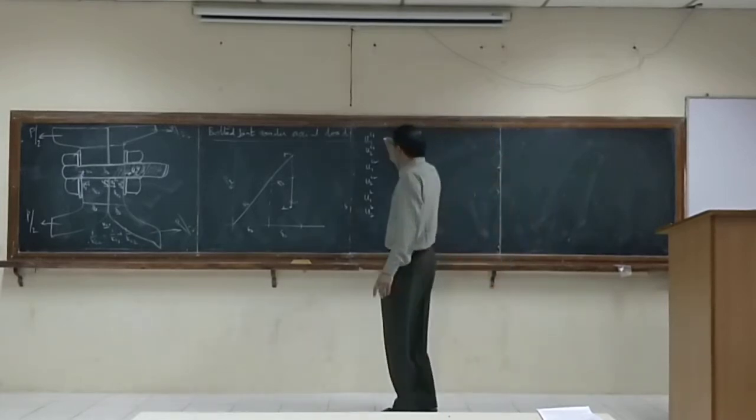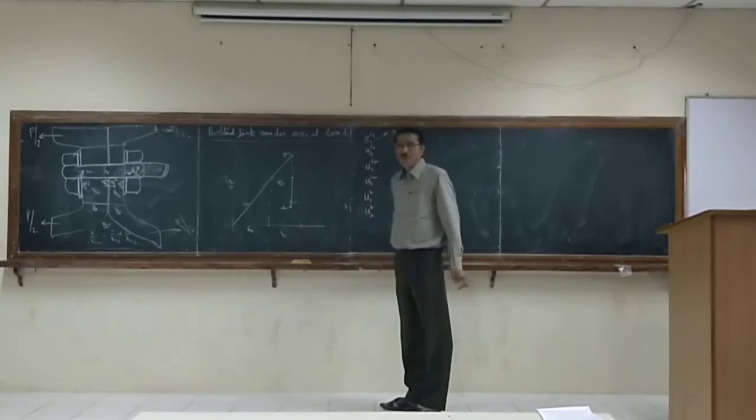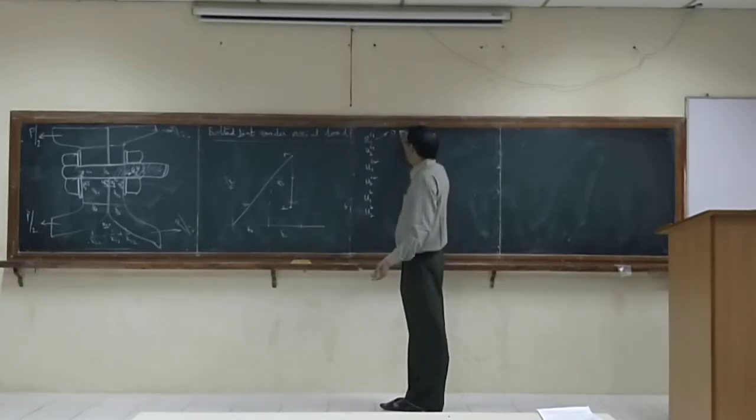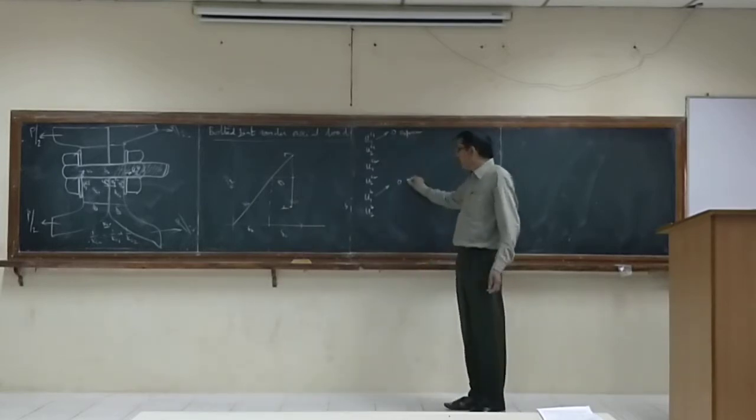If we take this as a reference, shall we say this is 0? We take the left face as a reference. We can take this as 0. So U1 of the bolt also can be taken as 0. Both are reference.